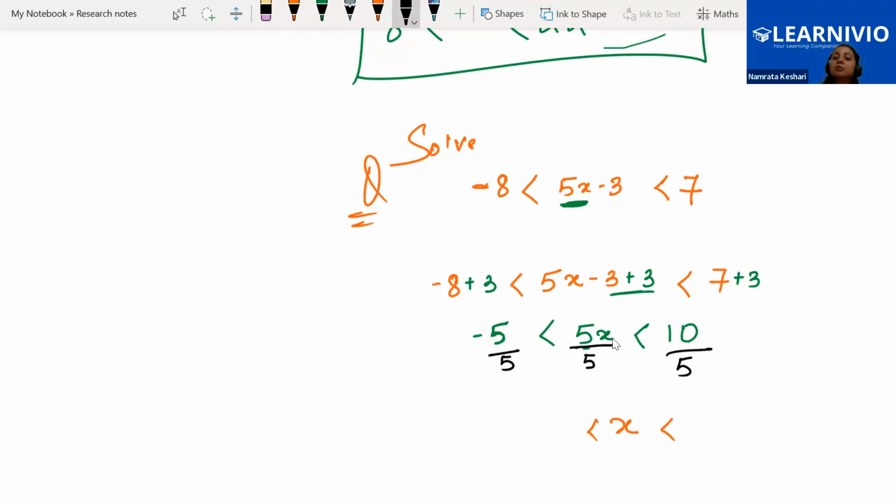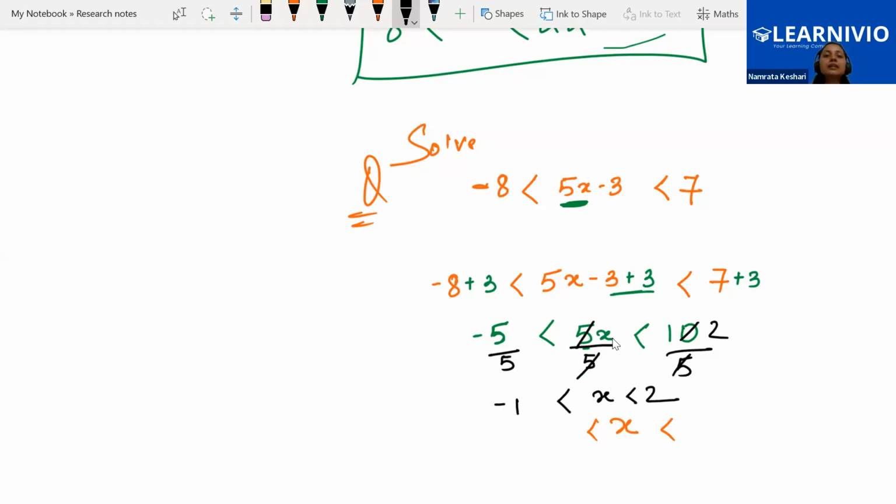We are dividing by a positive number, so we don't have to worry about the sign. Minus 5 by 5 is minus 1. 5 gone, we got x. 10 by 5 is 2. And we found the solution: x is greater than minus 1 and less than 2. This is the solution.